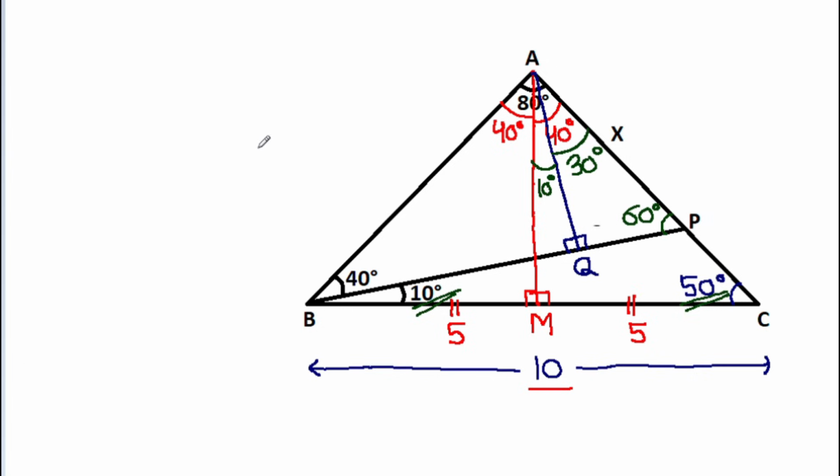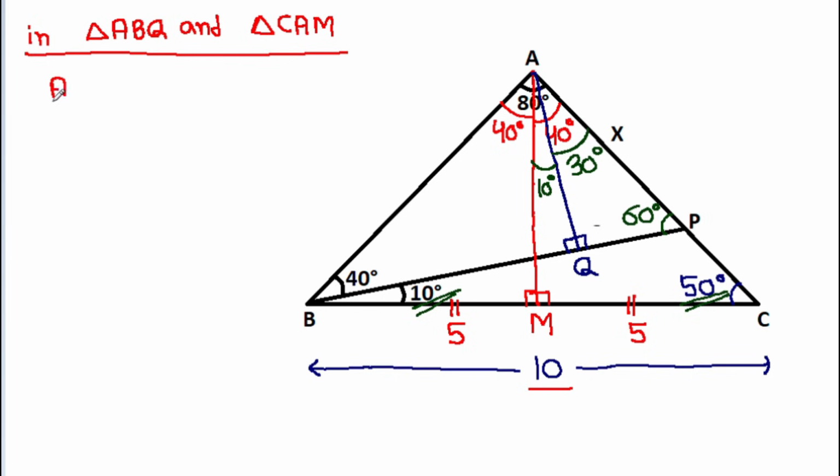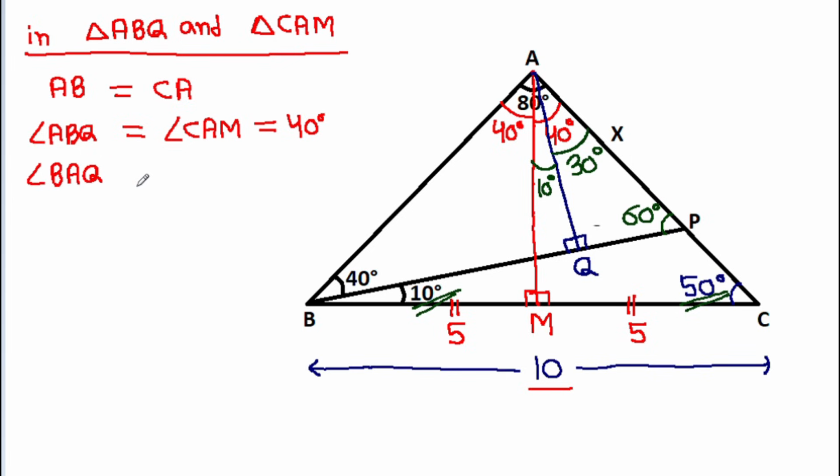And in triangle ABQ and triangle CAM, AB is equal to CA because ABC is an isosceles triangle, and angle ABQ is equal to angle CAM, that is 40 degrees, and angle BAQ is equal to angle ACM, that is 50 degrees.